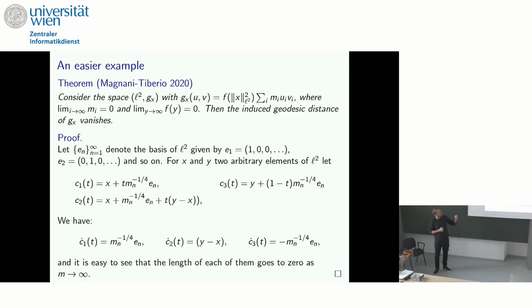I'm not yet at my target, but I'm at my target plus some very high frequency. And then I just go back to my target, and this again has small energy by the same argument as it had small energy to disturb my original point. In many ways, this is a toy example of what we have seen before, because if you think about Fourier space for curves, that's exactly what we did.